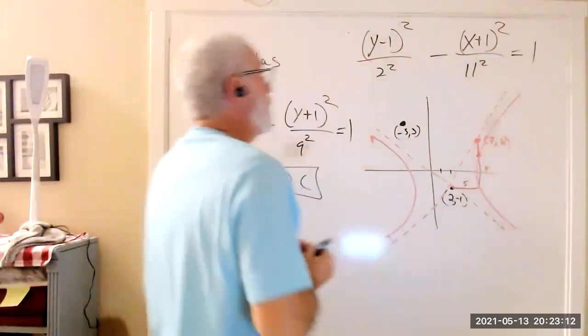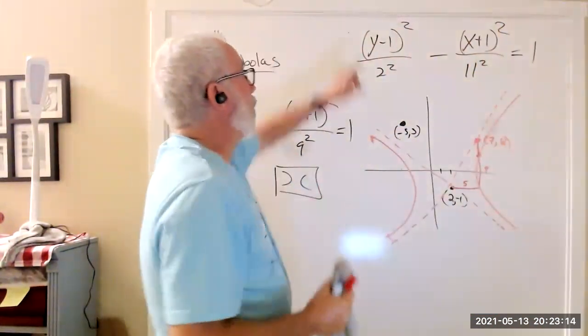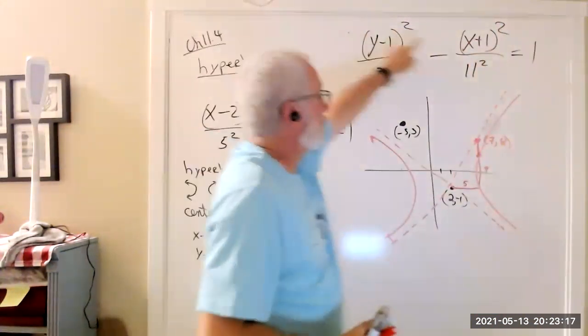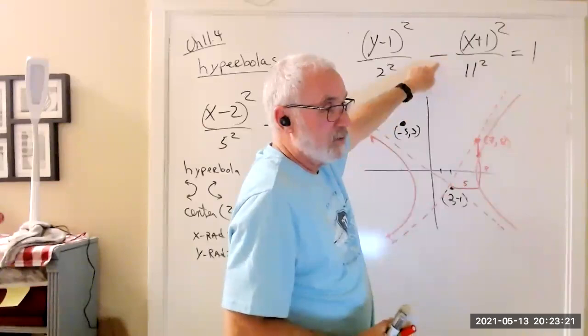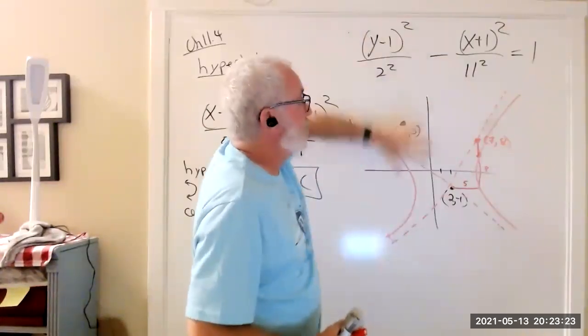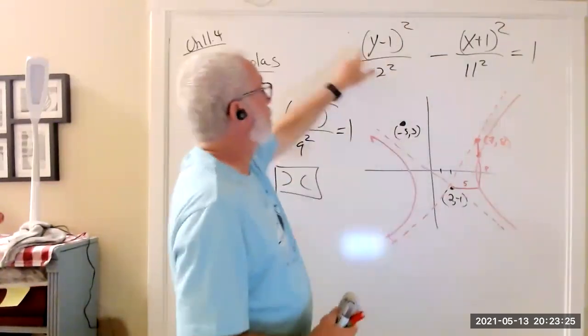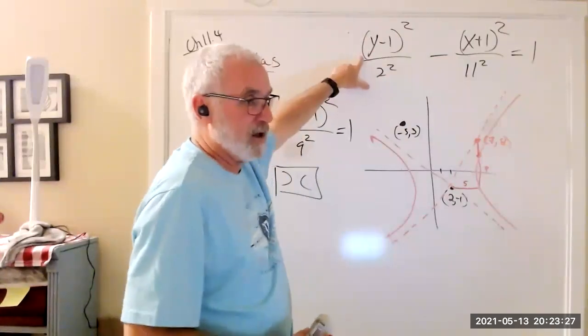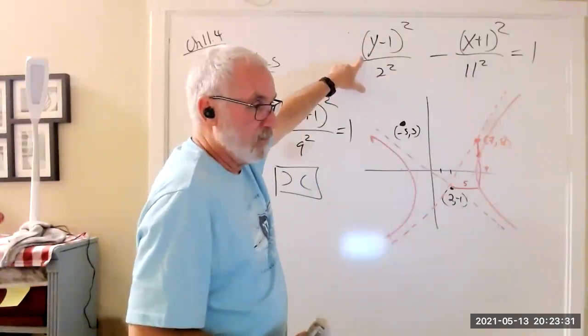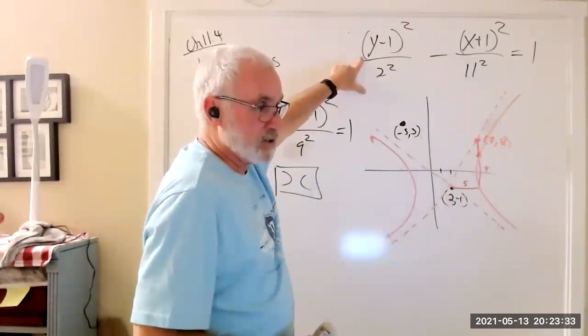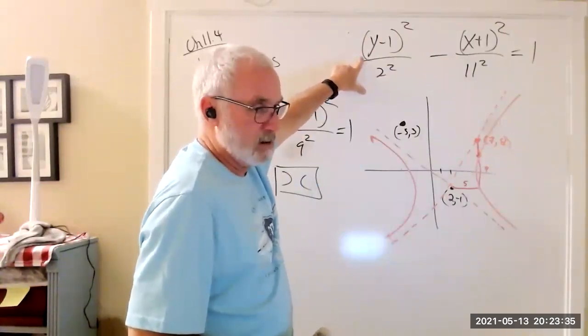But notice y is positive, x is negative because of that negative sign there. Then this one will open up and down because y is the positive value. Gotcha. Thank you. I know it's all new to everybody. Is that okay with everybody or not?